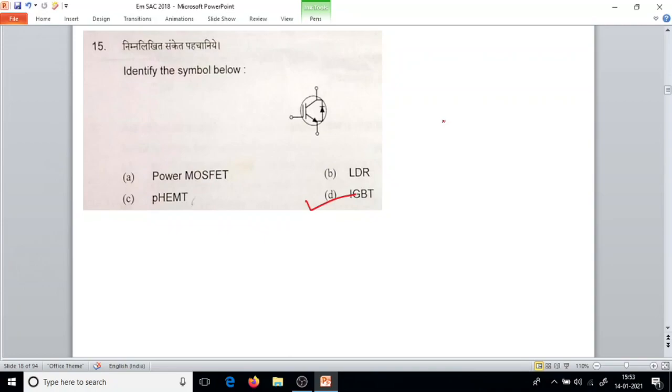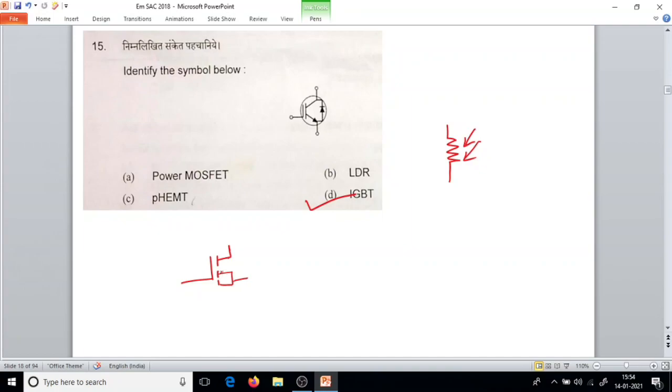What is LDR? LDR, light dependent resistor. This is the symbol for LDR: on a resistor, light will be falling. PHEMT, I don't know. Power MOSFET: how will a MOSFET look? A MOSFET will be like this, something similar to this. In a MOSFET there will be one arrow.